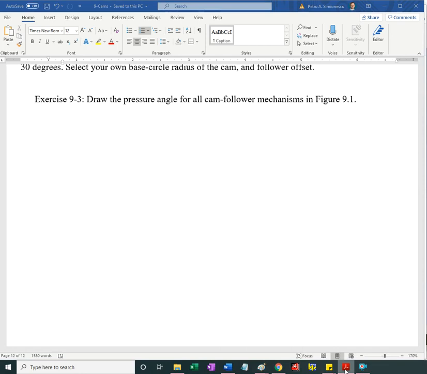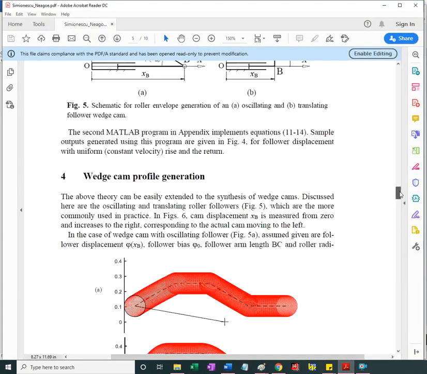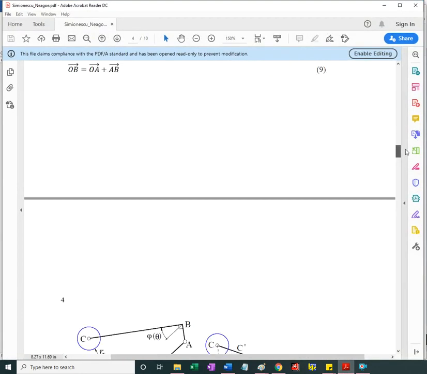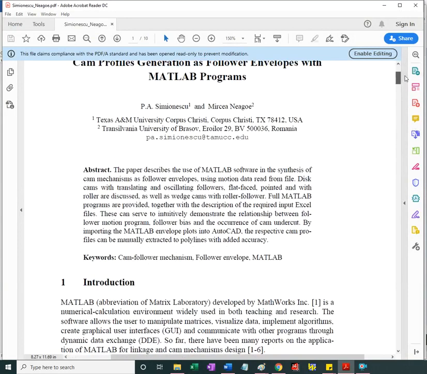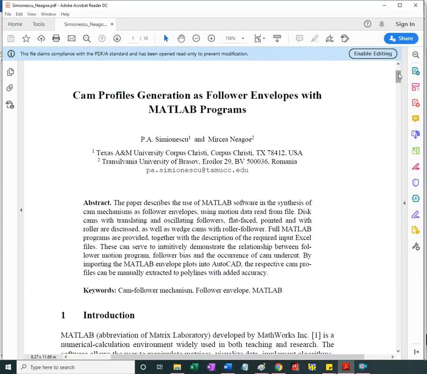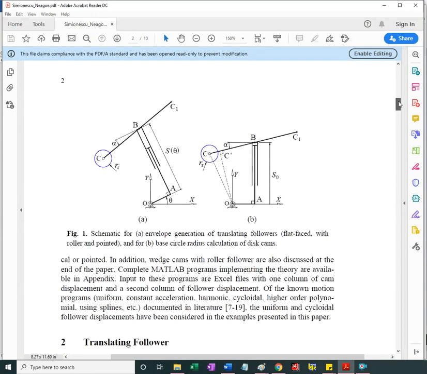But you're really going to use this paper of mine as a reference, and you'll see that, because they imposed the limit of 10 pages, what I did was merge the flat face with the roller face follower.